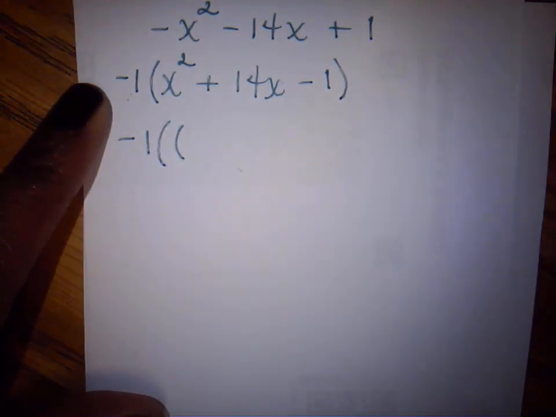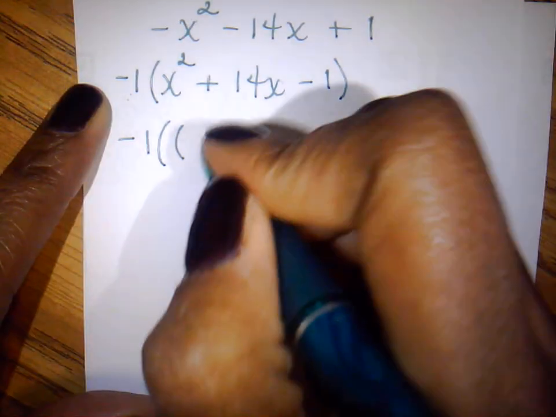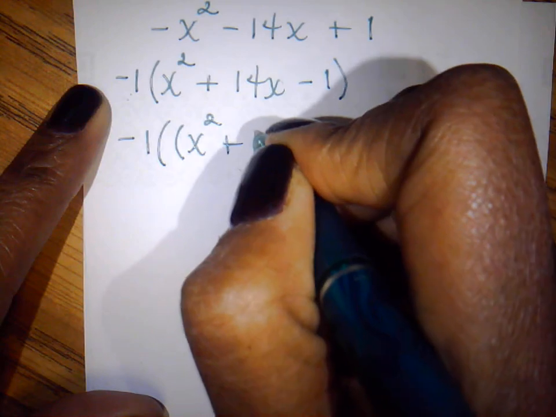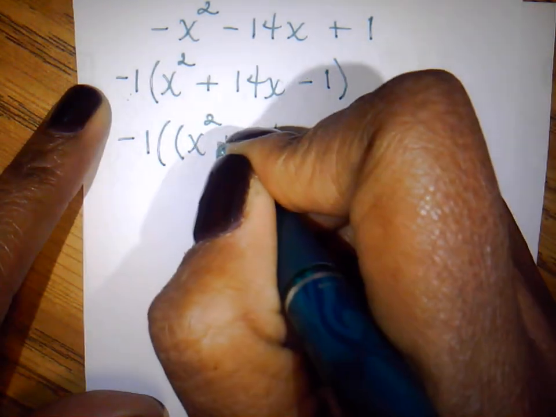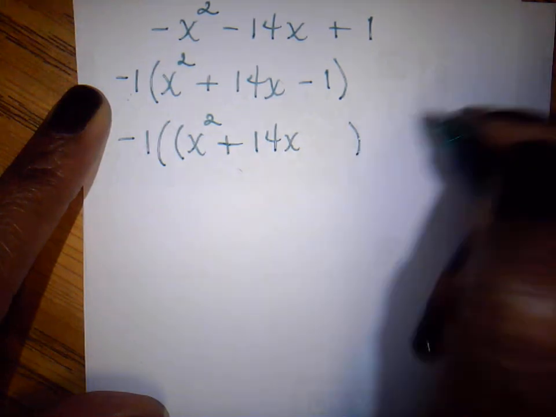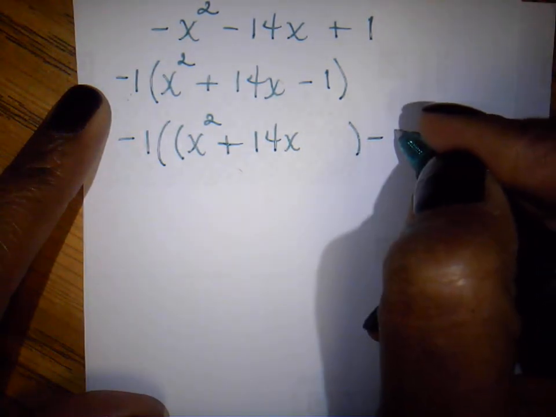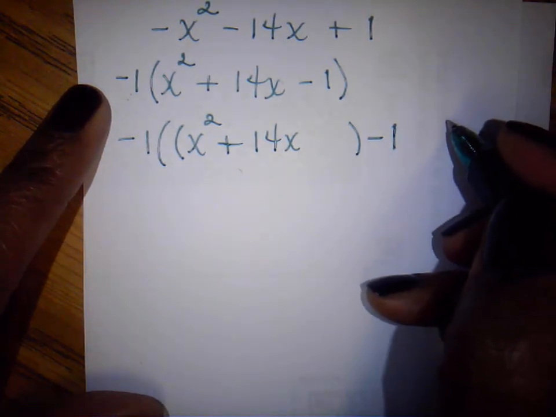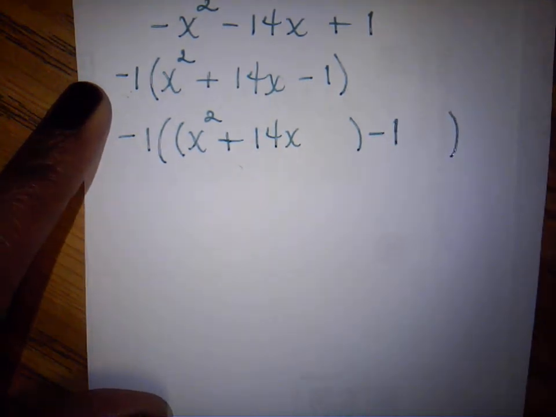And I'm setting up the problem like normal. I have x squared plus 14x. I leave a space, and then I have my minus 1. But I'm not going to close the parentheses without leaving a space. I got to leave a space for what's going to happen later.